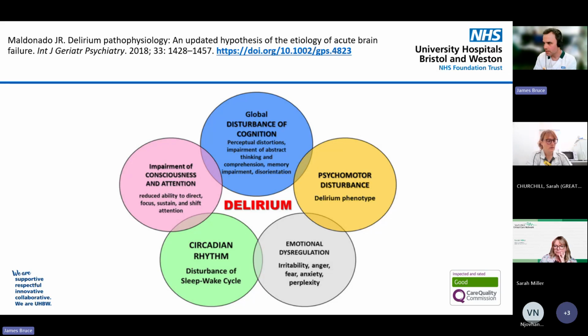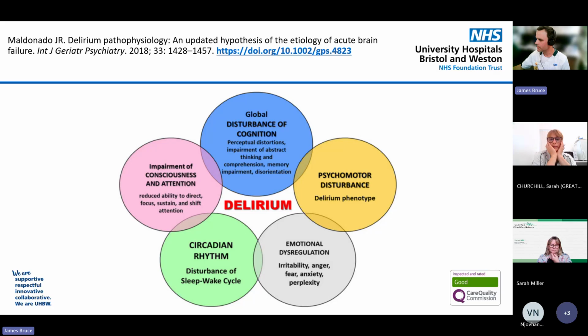Impairment of consciousness and attention: reduced ability to direct, focus, sustain, and shift attention. I think that's the main quote we all deliver when we talk about classification of delirium. But we also have disturbance of cognition: perceptual disorders, impaired abstract thinking and comprehension, memory impairment and disorientation.